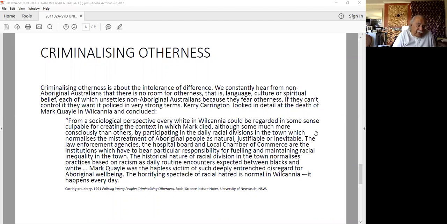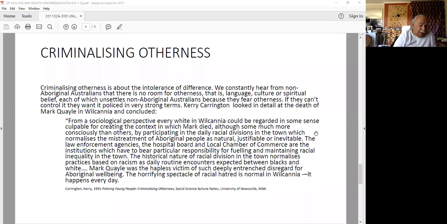Kerry Carrington looked in detail at the death of Mark Quayle in Wilcannia and concluded, from a sociological perspective, every white in Wilcannia could be regarded in some sense culpable of creating the context in which Mark died, although some much more consciously than others, by participating in daily racial division in the town, which normalised the mistreatment of Aboriginal people as natural, justifiable or inevitable.